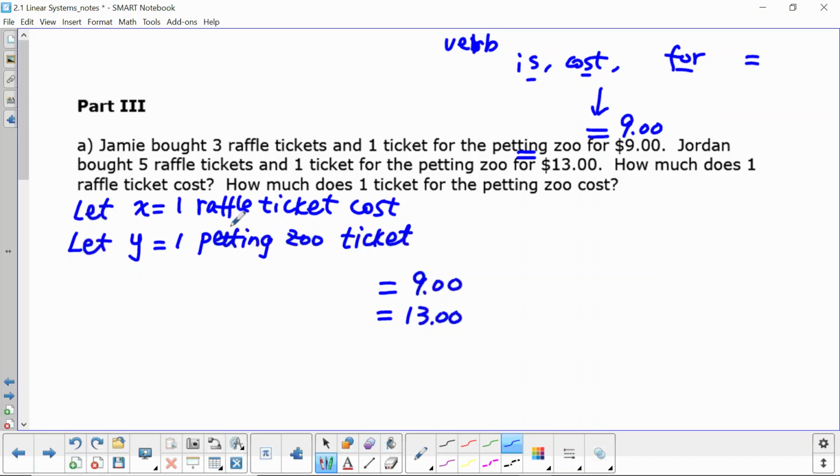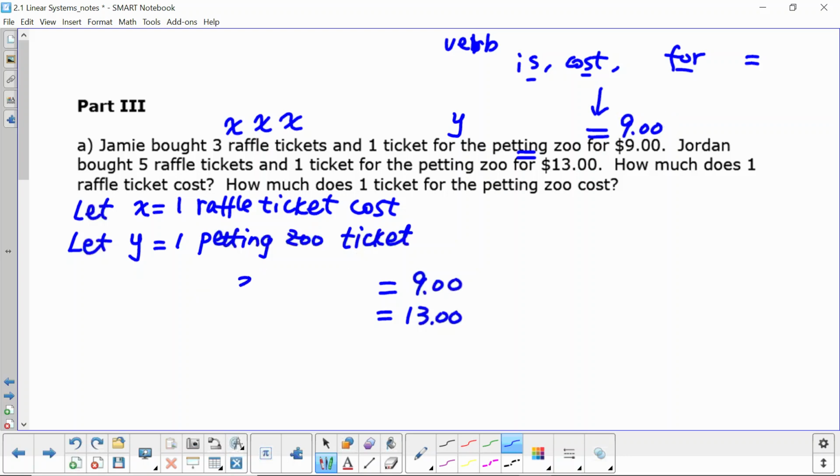So now you have 1 raffle ticket cost x, so you have 3 of them, then the cost will be 3 of them added together. And Jamie has 1 ticket for the petting zoo. The price for 1 ticket is y, so added together it is equal to $9.